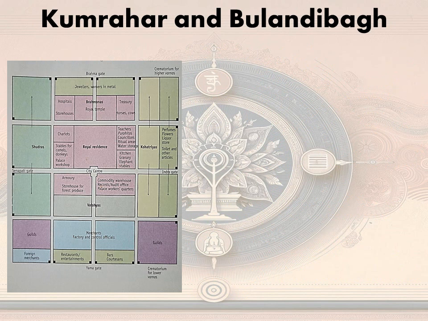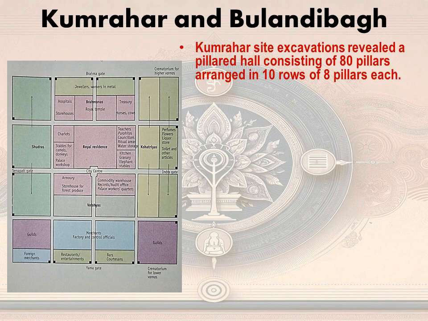Kumrahar and Bulandibagh. So these are two important sites which correspond to the city of Patliputra. Kumrahar site excavations revealed a pillared hall consisting of 80 pillars arranged in 10 rows of 8 pillars each. So there were 10 rows of pillars and each row had 8 pillars.